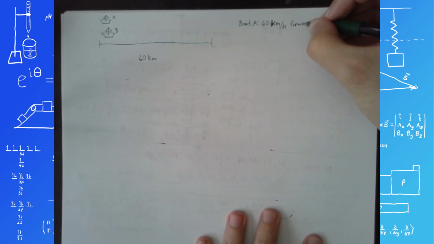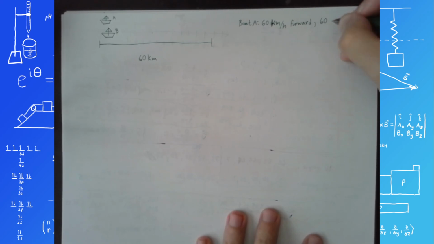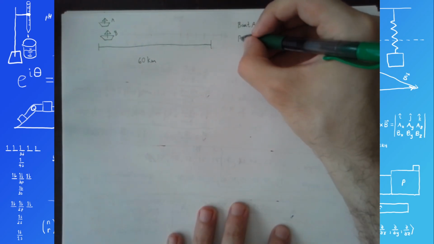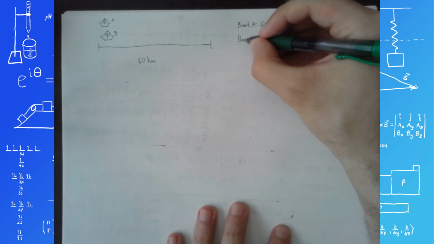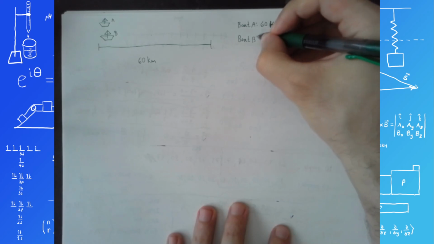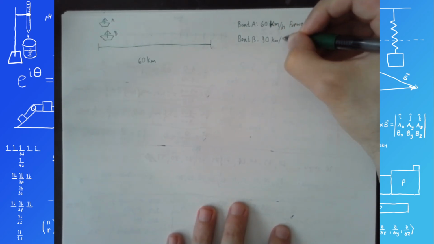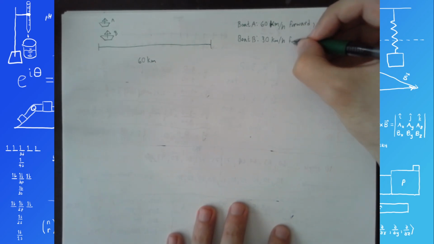And it comes back at 60 kilometers per hour, and then 60 kilometers per hour on its way back. Boat B, on the other hand, goes across at 30 kilometers per hour on its way forward.